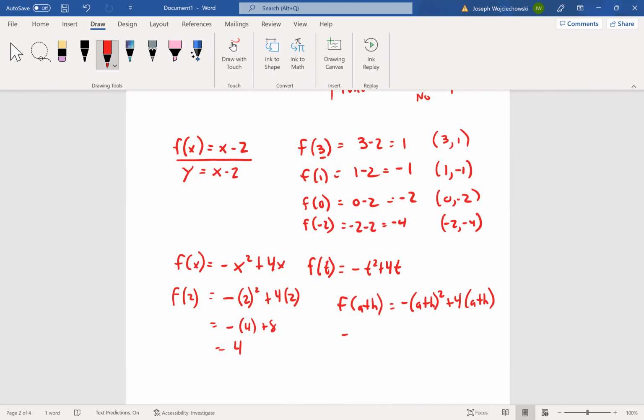Okay, so we want to look at this. The negative of a squared plus 2ah plus h squared plus 4a plus 4h. And we could distribute this negative if we wanted to. Negative a squared minus 2ah minus h squared plus 4a plus 4h. And there we are.